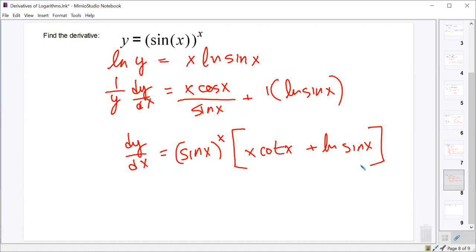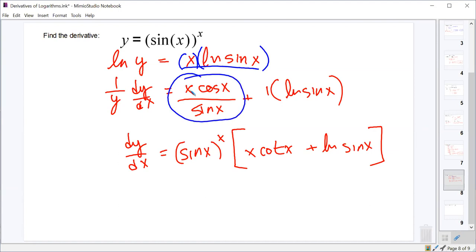Can you go over the part again where you got x cosine x over sine x? Sure. So we're taking the derivative of x ln sine x using the product rule. So the first function is x, and the second function is ln sine x. So u times the derivative of v is this part.